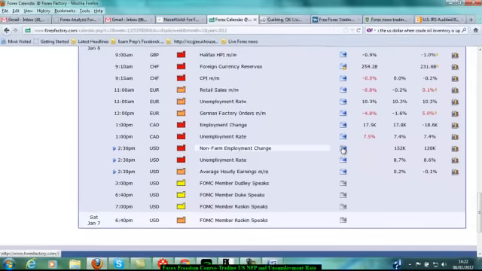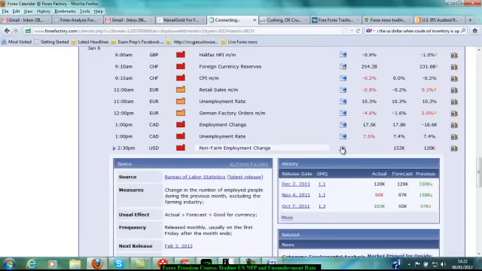But very quickly, let's do a very quick preview of the NFP. The forecast for this day is 152,000, while the previous is 120. Now, there's something about this forecast. The holidays are just over, and during the Christmas holidays, there are probably some jobs that were created to fill up the gaps created by the Christmas holiday.